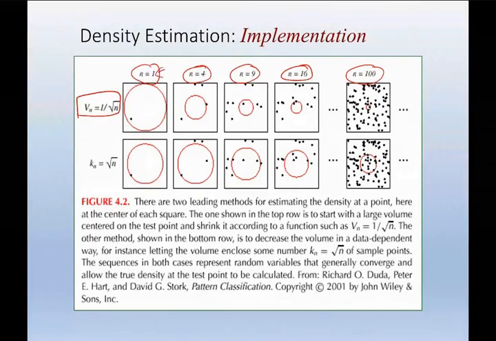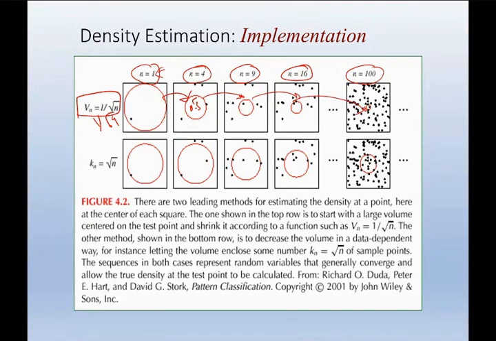Now if I put n equal to 4, it will be 1 by square root of 4, that is 1 by 2, so 0.5. You can see this volume is shrinking and reducing as I use n equal to 9, then 16, and then 100.